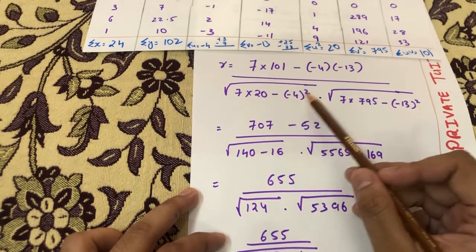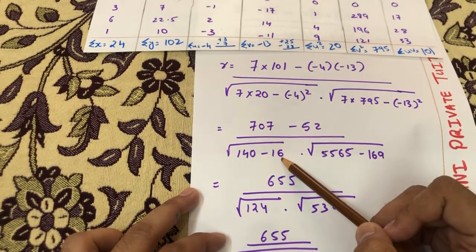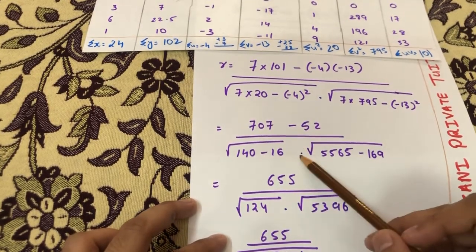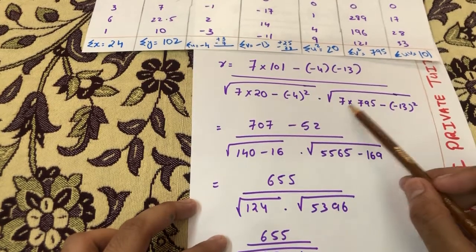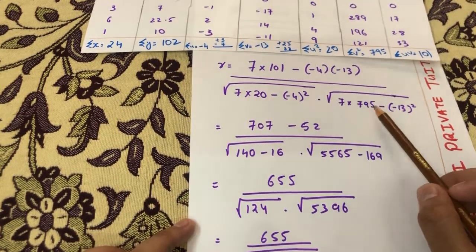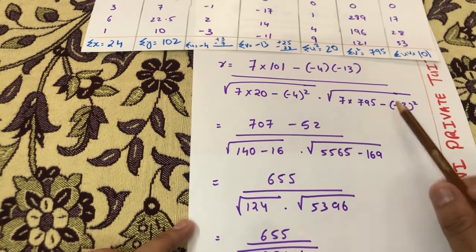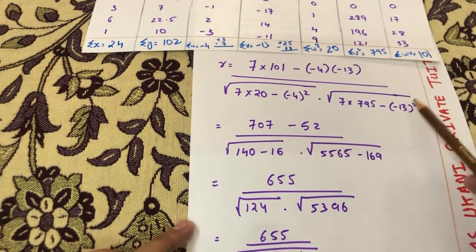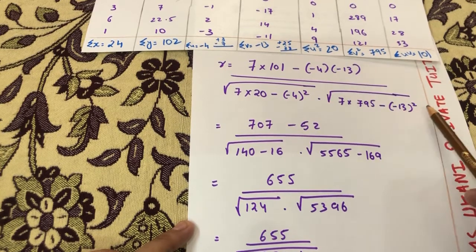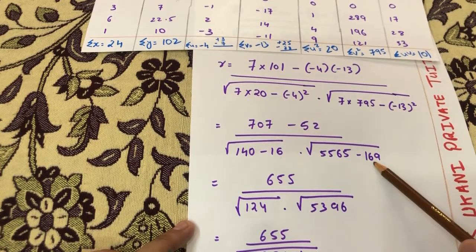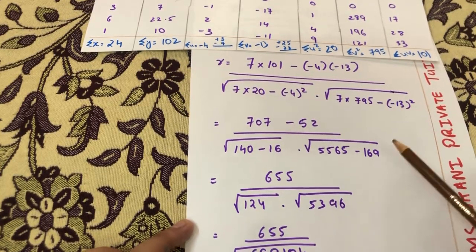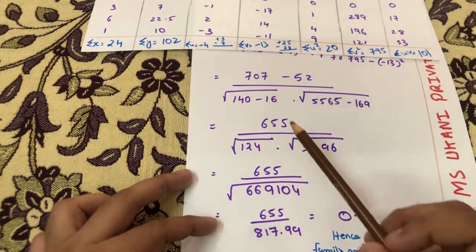Now minus 4 square will be positive 16. Okay, under root, multiplied by under root 7 multiplied by 795, that is 5565, minus this minus will come here, and minus 13 square will be positive 169. Okay, now let us move towards the next step.